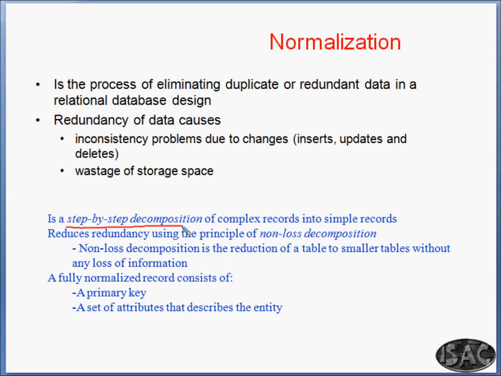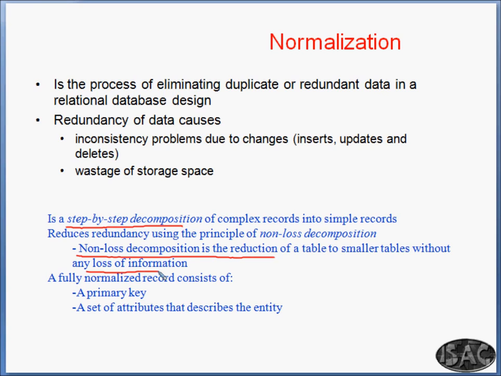That reduces redundancy using the principle of non-loss decomposition. We decompose our table into several smaller tables in such a way that there is no loss of data. Non-loss decomposition is the reduction of a table to smaller tables without any loss of information.